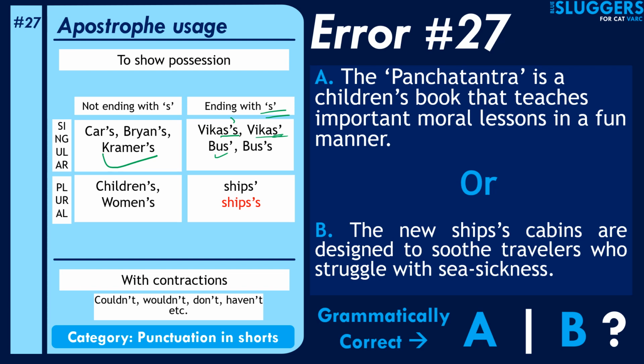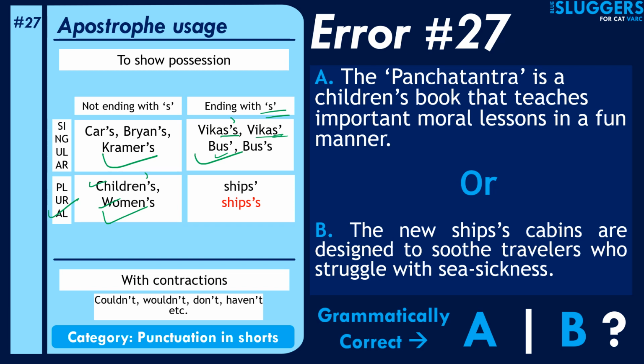Coming to the next category, which is of plural nouns that don't end with s, for example, children or women or men. In all of these cases, again, it is required that you put the apostrophe first and then you put an s. That's the syntax. Finally, the case where you have a plural noun that does end with an s.